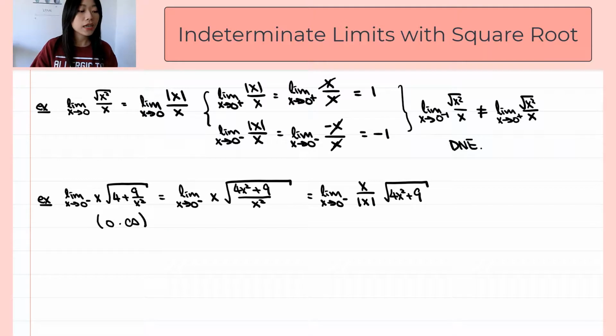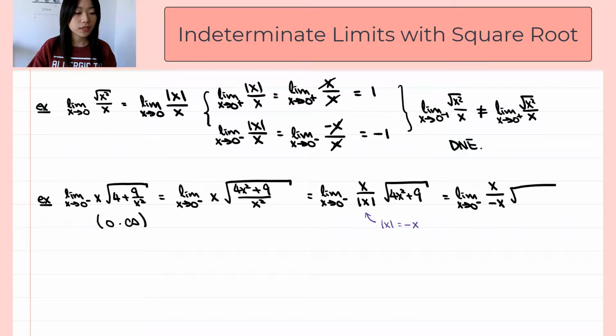And since here we are computing the left-sided limit, x will be approaching from a negative value. So here, absolute value of x is negative x. So this equals the limit as x approaches 0 from the left of x over negative x times square root of 4x squared plus 9.